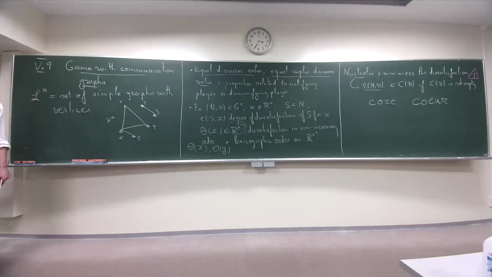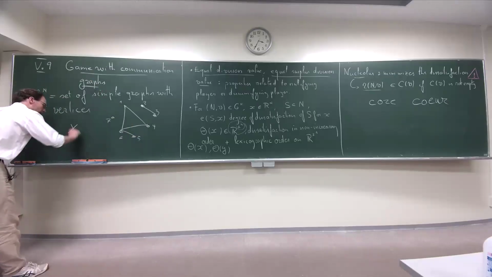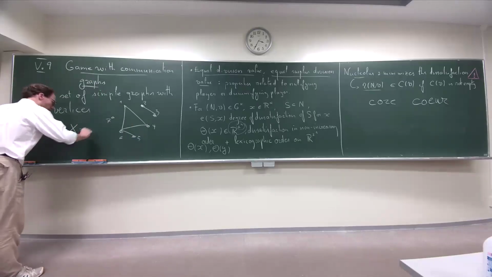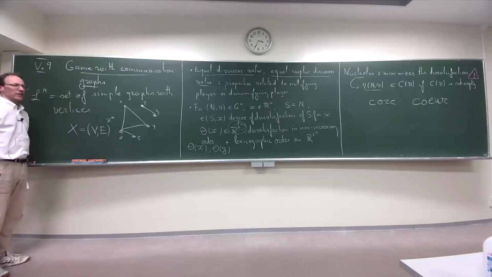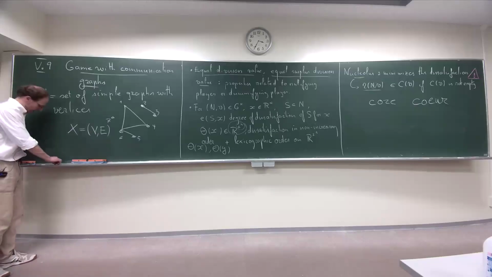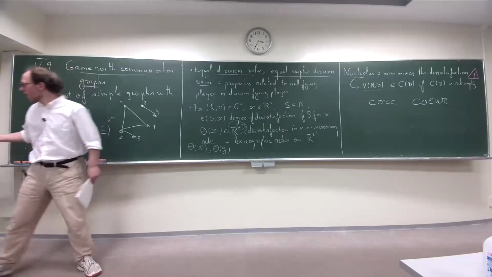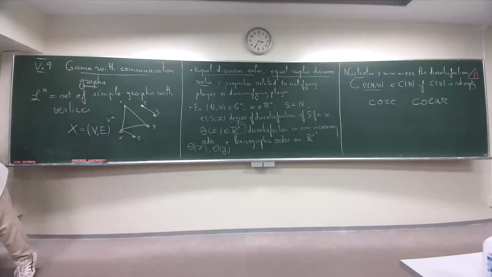And you observe that, in fact, a graph I introduced in chapter 2 or 3, I wrote it as a pair V, E, V for the set of vertices, E for the set of edges. Here, for today, the V is not really useful.